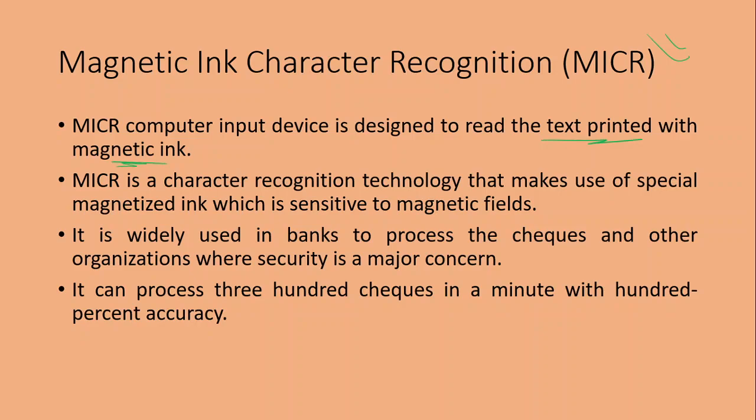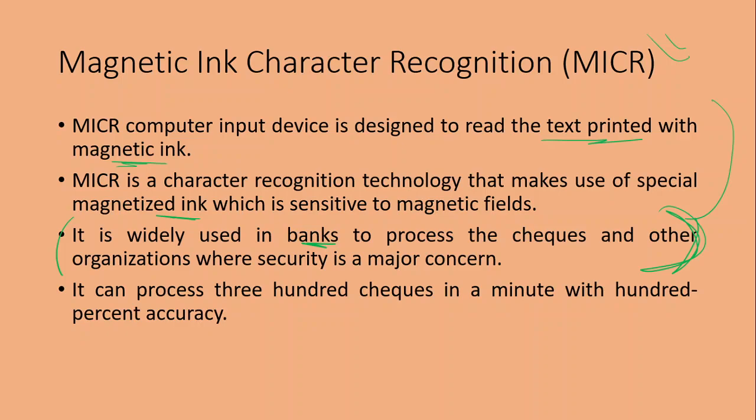MICR is a character recognition technology that makes use of a special magnetized ink which is sensitized to magnetic fields. So basically that is a very special type of ink used for providing the text for the input of data. It is widely used in banks, especially to process checks, and in other organizations where security is a major concern. So basically this type of input device is used in banks and some other places where security is the major concern.